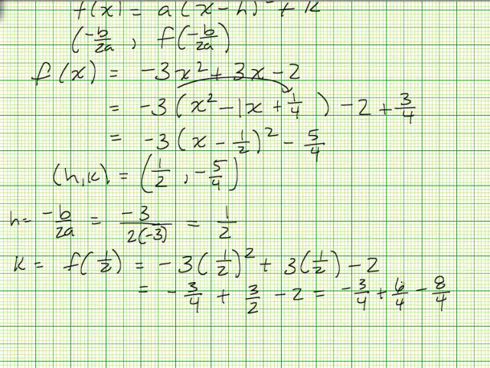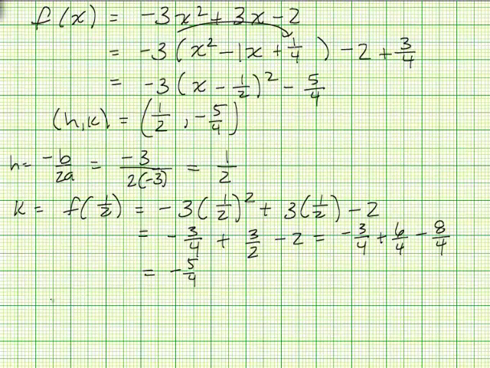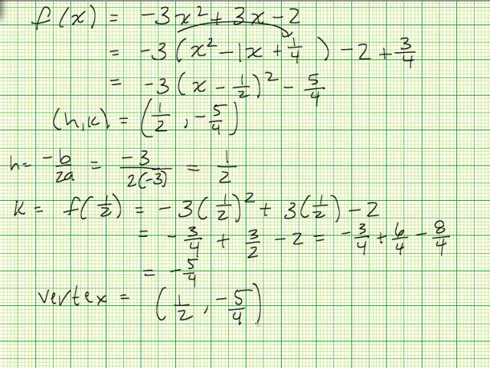Negative 3 plus 6 is positive 3, minus 8. This gives me negative 5/4. So two separate ways we found our vertex to be at the point 1/2, negative 5/4.